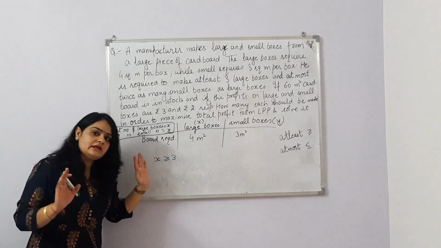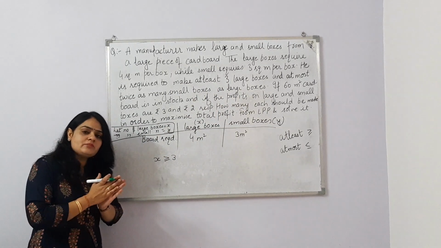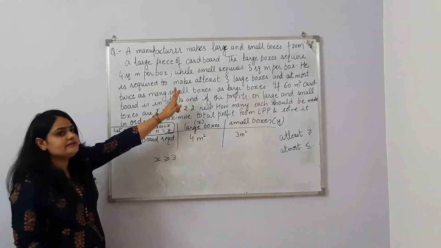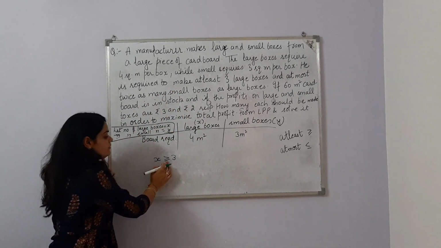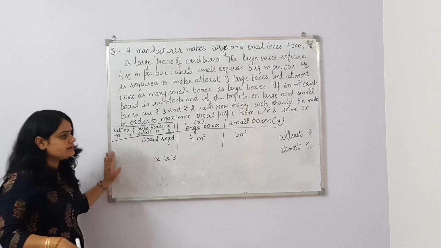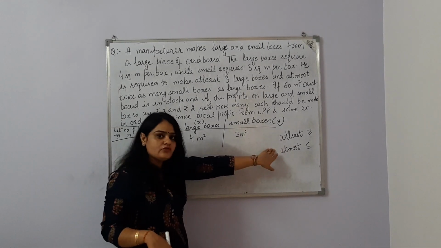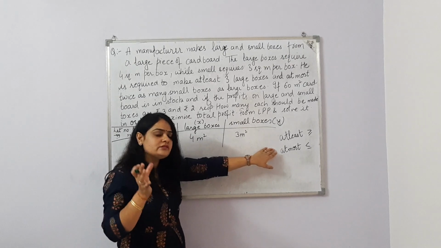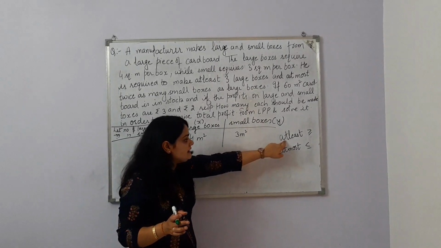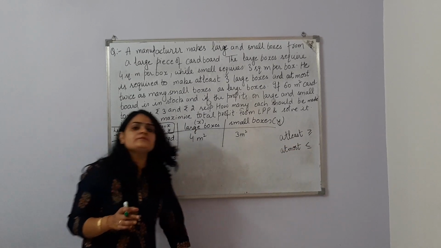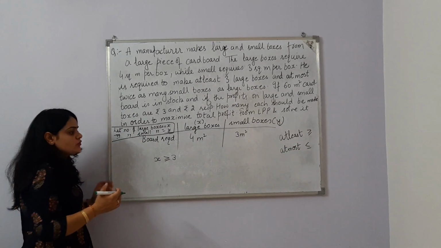That means he can manufacture a minimum of 3 boxes or more than that. At least means equal to 3 or more than that. Or in another way, if you are confused about the words at least and at most, you can remember at least means greater than or equal to, at most means less than or equal to.